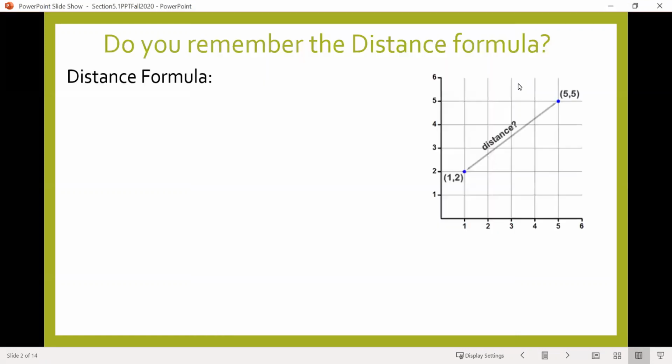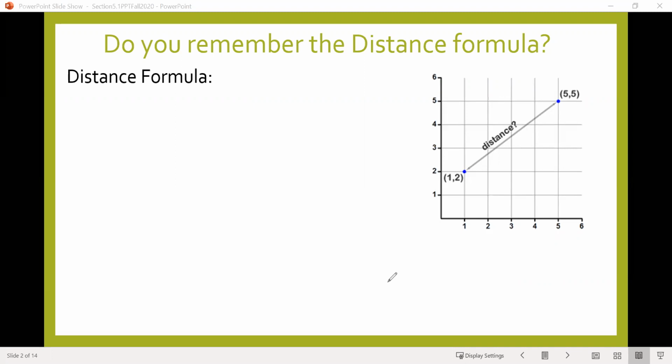Okay, so we're going to start off by reviewing the distance formula, which regardless of which class you took before this one, you most likely have encountered at some point in your mathematical career. Recall that the distance formula allows us to find the length between 2 points given in two-dimensional space.